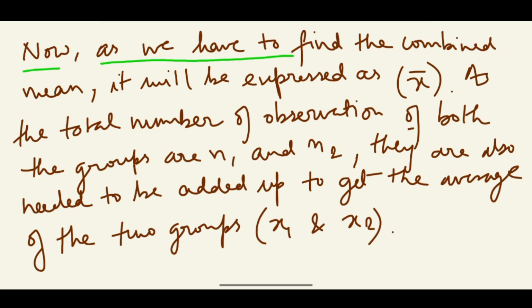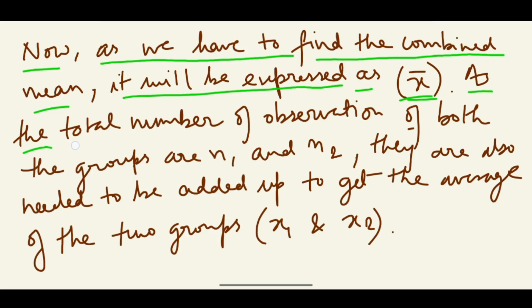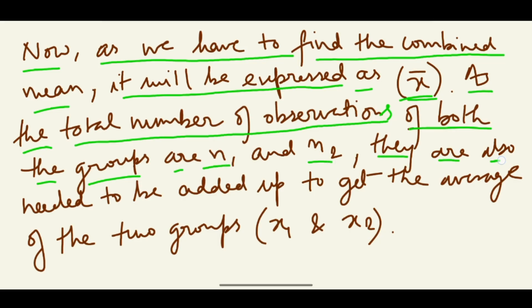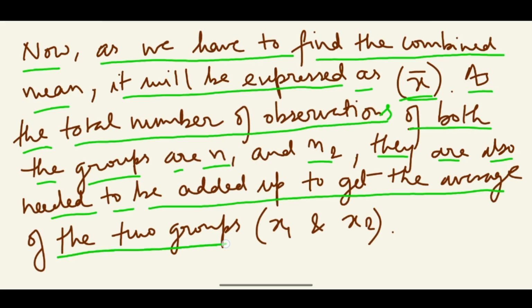Now, as we have to find the combined mean, it will be expressed in the form of x bar, as the total number of observations of both the groups are n1 and n2. They also need to be added up to get the average of the two groups, which are x1 and x2.